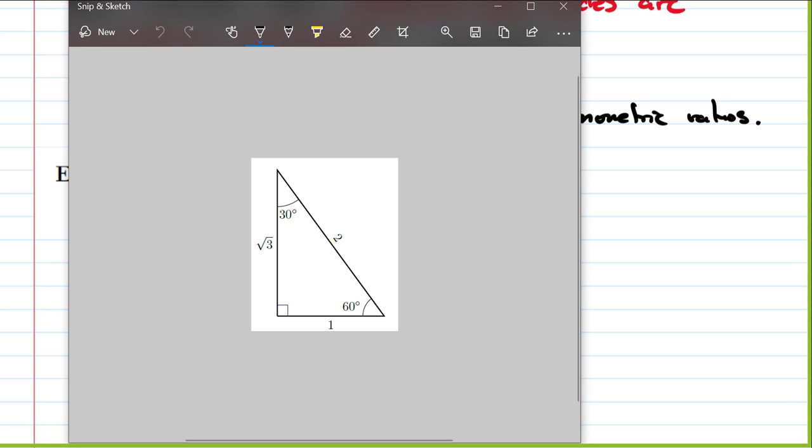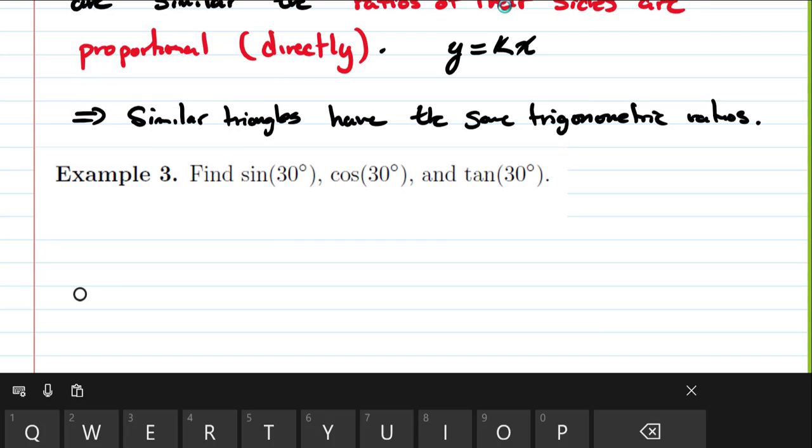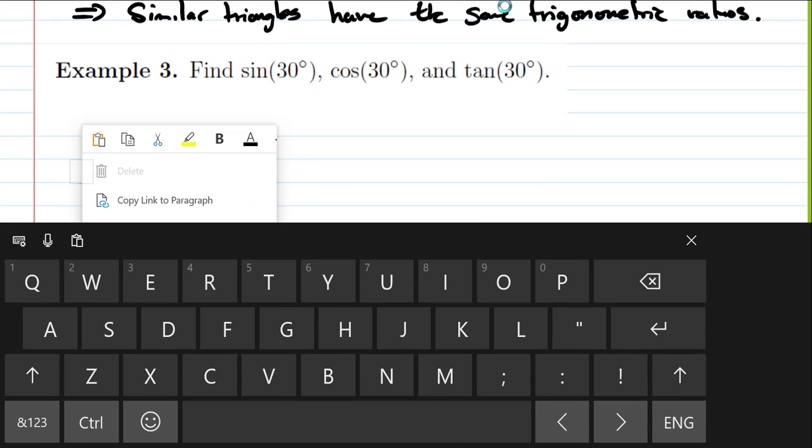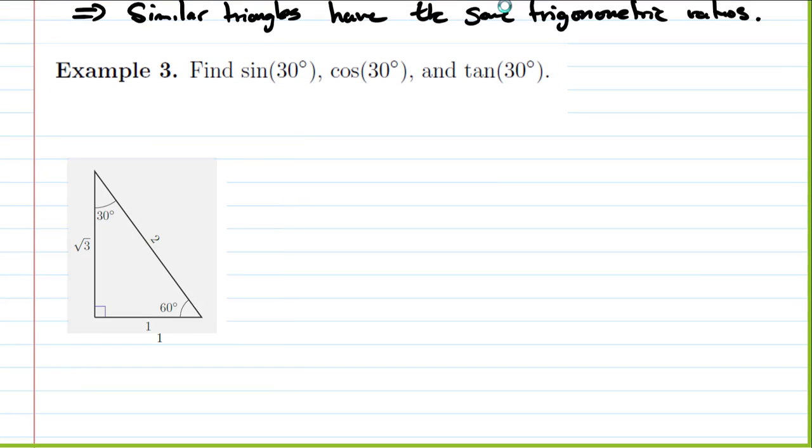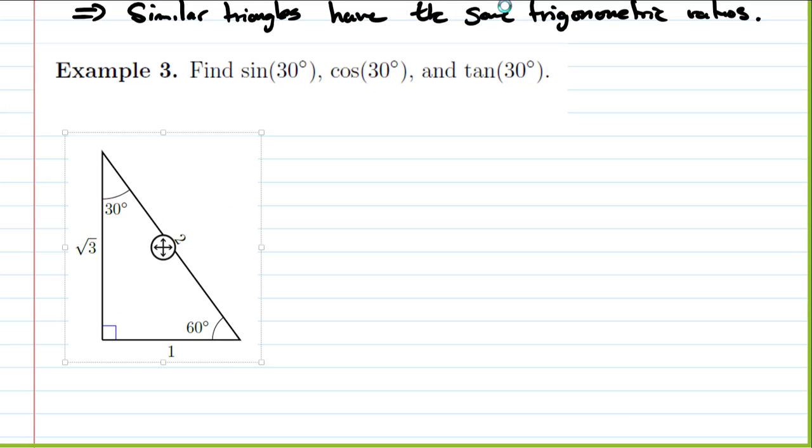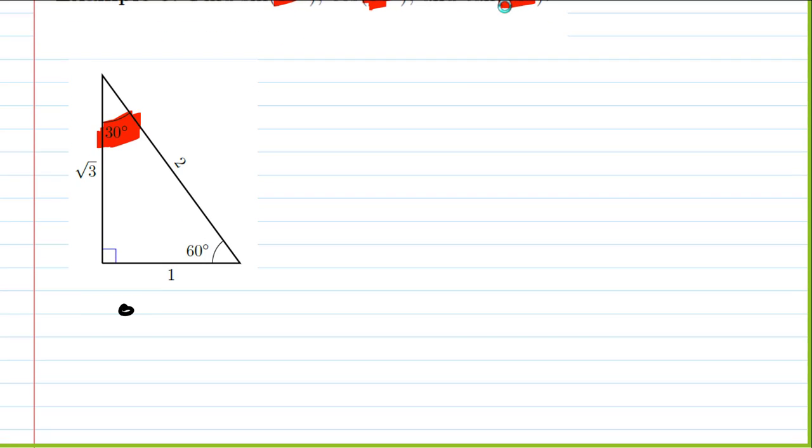So that's going to be this first triangle. So in terms of our trigonometric ratios then, we have our 30 degrees right here, which is what we're interested in. So then that would make this side the opposite, and this side would be adjacent. And the side across from the right angle would be our hypotenuse.